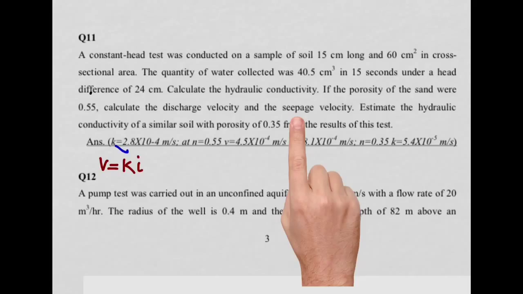What about i, which is the hydraulic gradient? The hydraulic gradient is equal to the change in the head, which is already given here, which is 24, divided by the distance, which is this 15 centimeter. So now we will have the gradient.